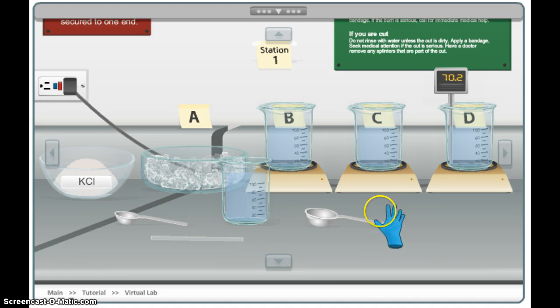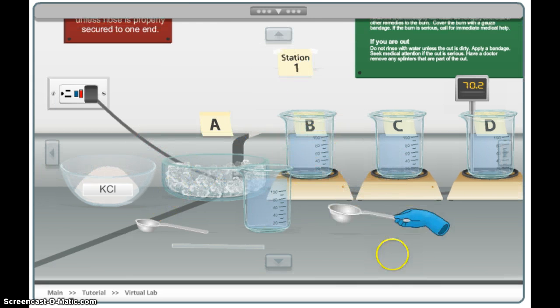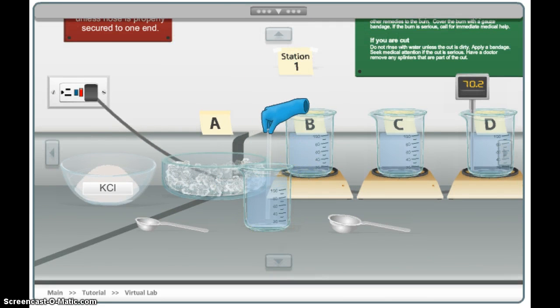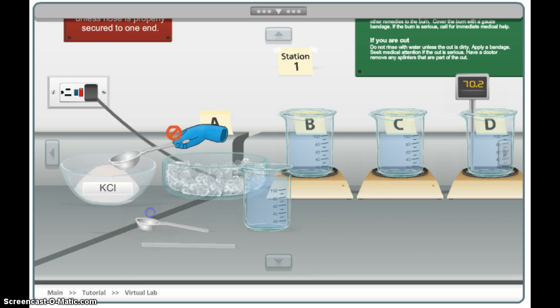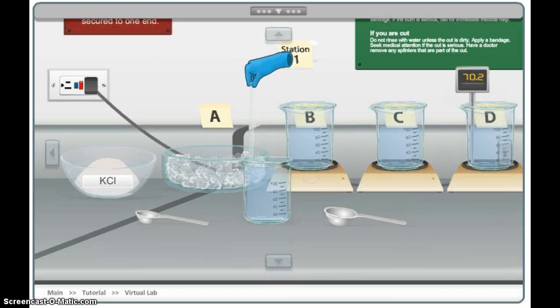Did it all dissolve? Yes. Is it saturated? No. Saturated means no more can dissolve. All right, so let's put in our fifth scoop. Did it all dissolve? Yep. Is it saturated? Nope.